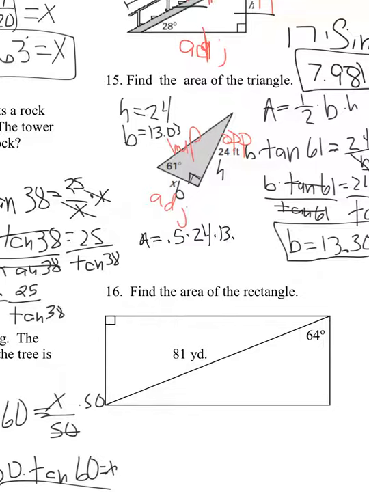I realize I didn't write that correctly up by b, 303. So that's going to give you 159.636.